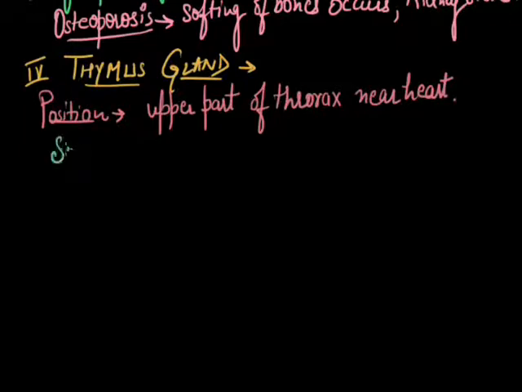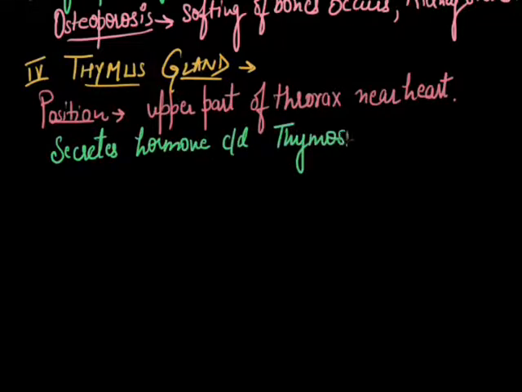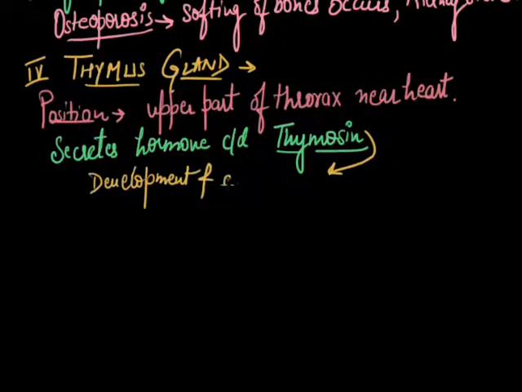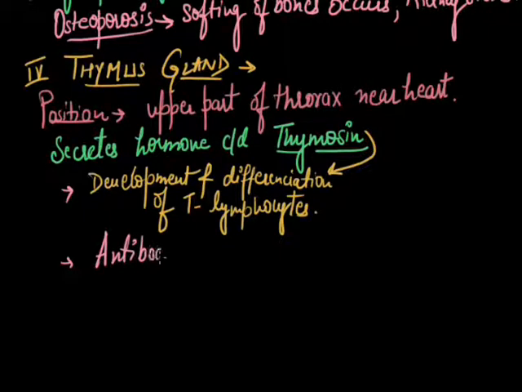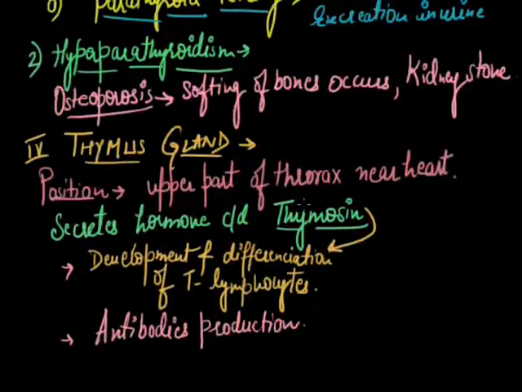Its main function is that it secretes a hormone called thymosin, and this thymosin helps in the development and differentiation of T lymphocytes, and also helps in antibody formation or production. This is all about the thymus gland.